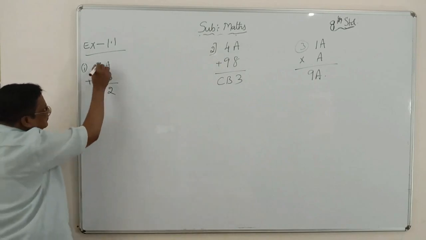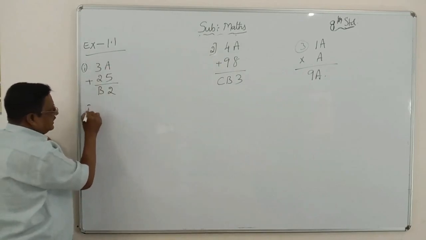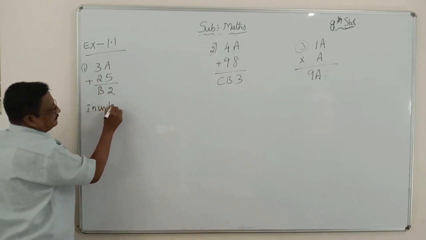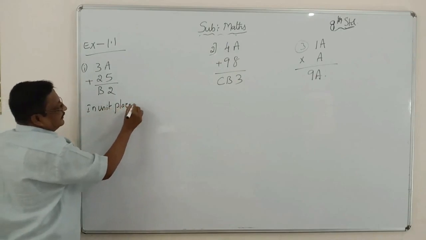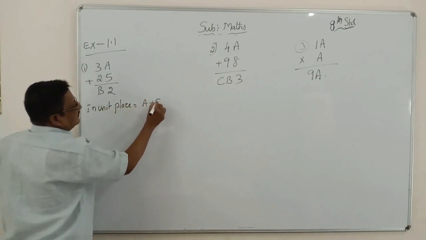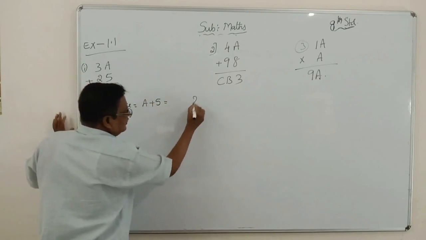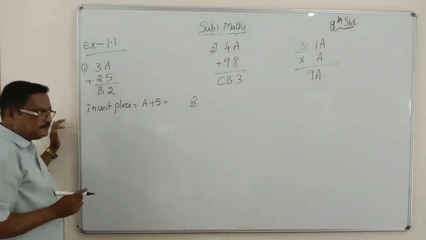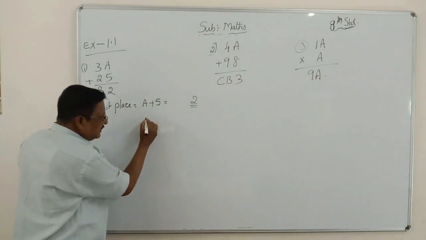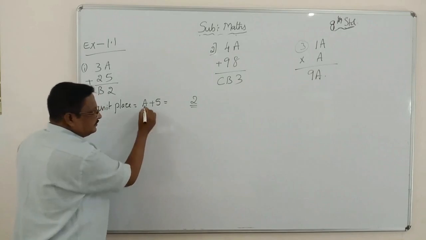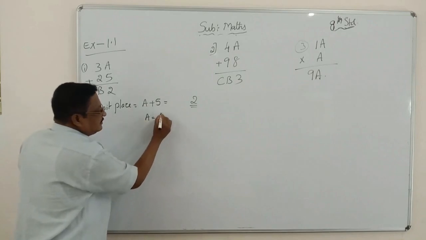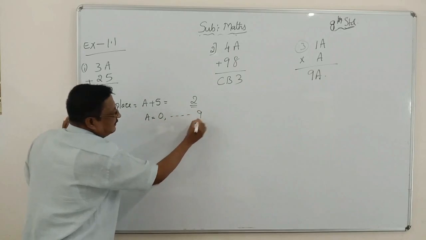Here in unit place, first you see the unit place. A plus 5 is equal to, in unit place what you will get? 2. It means A is equal to a value from 0 to 9.